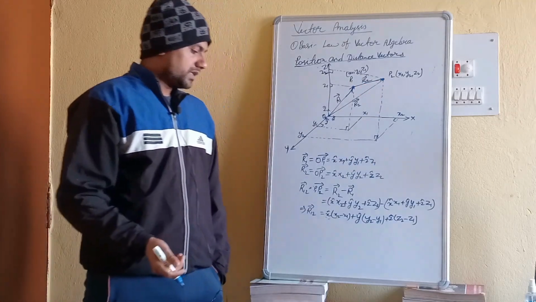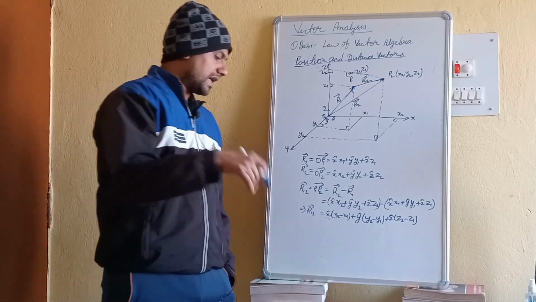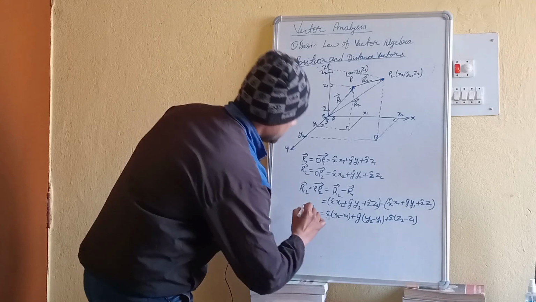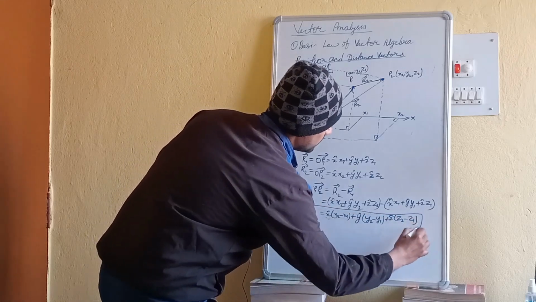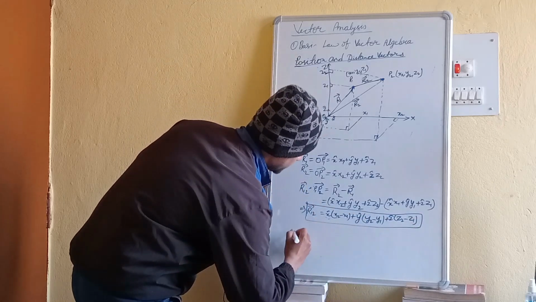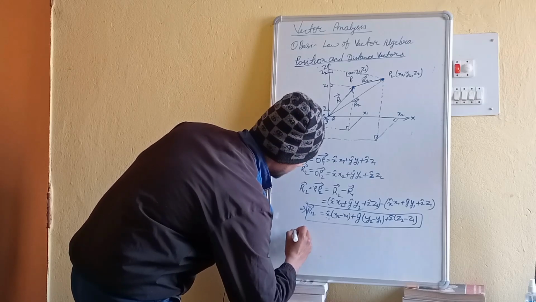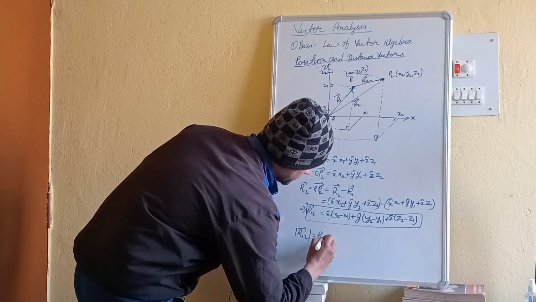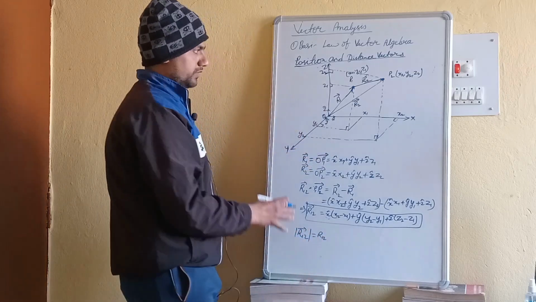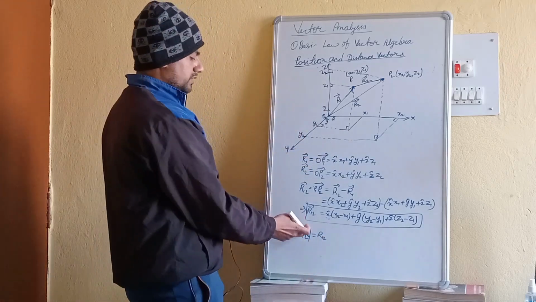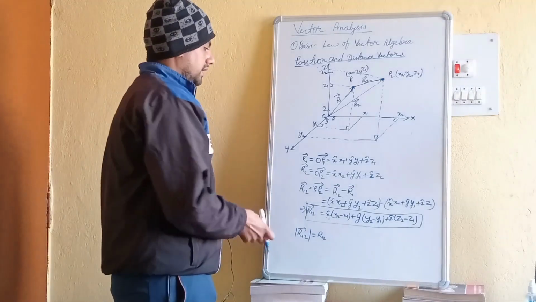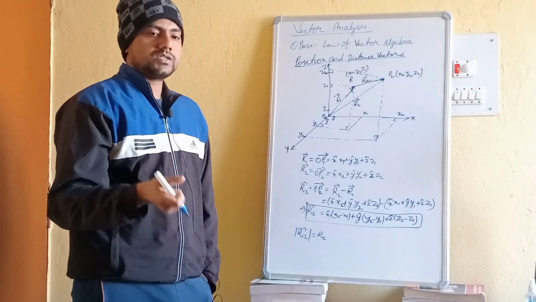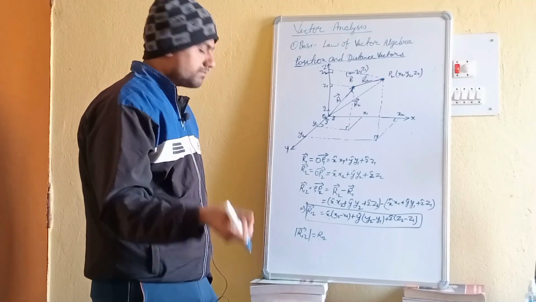Now next we can find the magnitude. I have already explained the formula for finding the magnitude of a particular vector. So here we can get R12. As I already told, if I don't write the arrow symbol at the top of any letter, it means it is representing the magnitude.